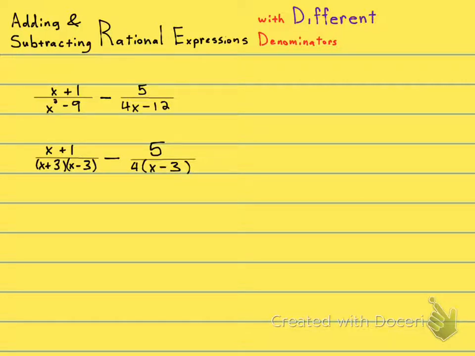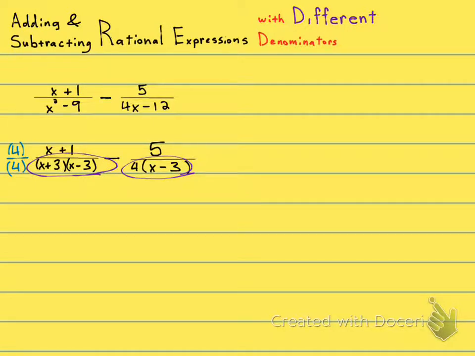I'm going to ask myself, what does this rational expression on the left need that the one on the right has to make a common denominator, right? And it's missing a 4. So on the left, I'm going to need to multiply times 4 over 4. Now on the right, what is this denominator missing that this one had?